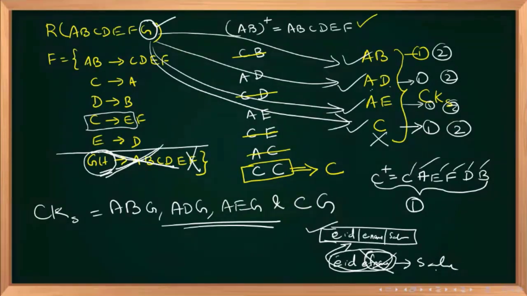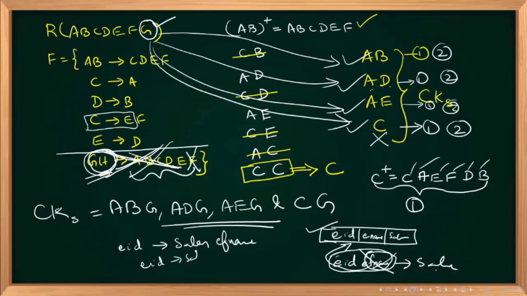Since this attribute is coming in the left side, it should come together, then only this will be satisfied, so the entire thing will go wrong. If I am writing EID and father name gives salary, father name was not there, but if you apply the decomposition rule over here, EID gives salary and EID gives E father name, and this one you can remove.